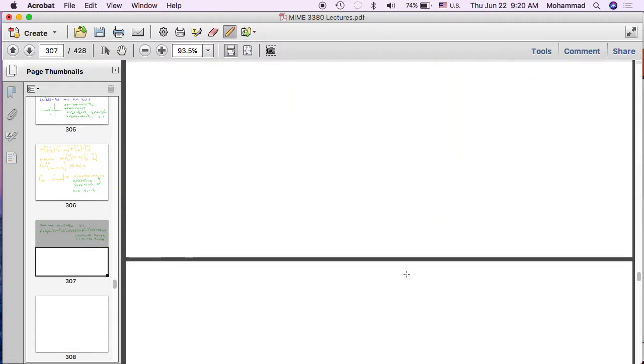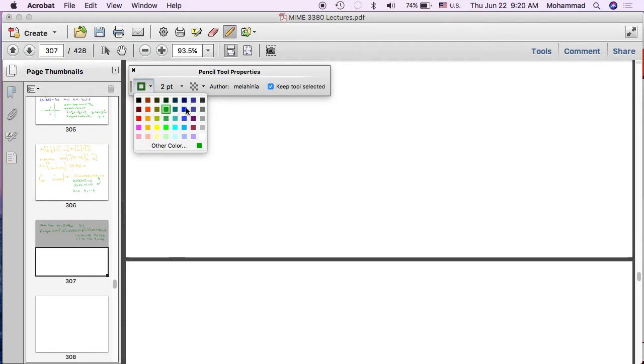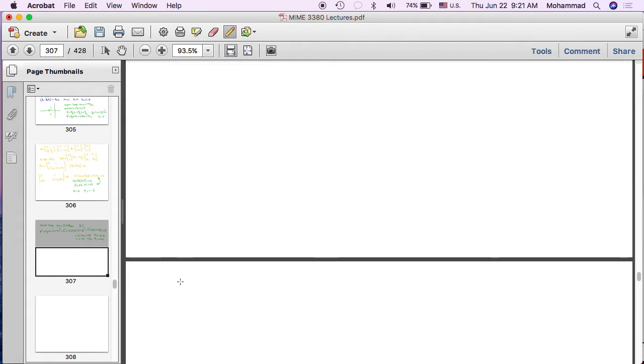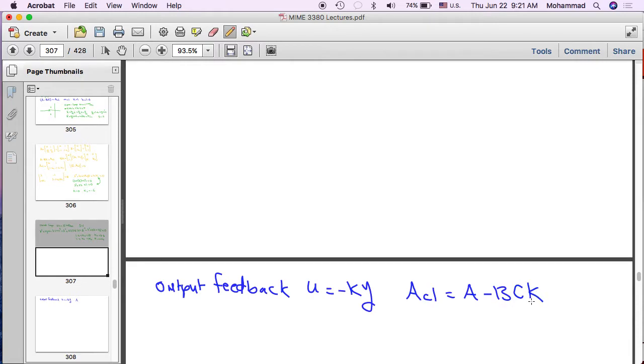Okay, so we are now going to design an output feedback, which means U is negative K times Y, which means A of closed loop is A minus B times C times K. So there's one controller gain, as opposed to the previous case where we had two controller gains.